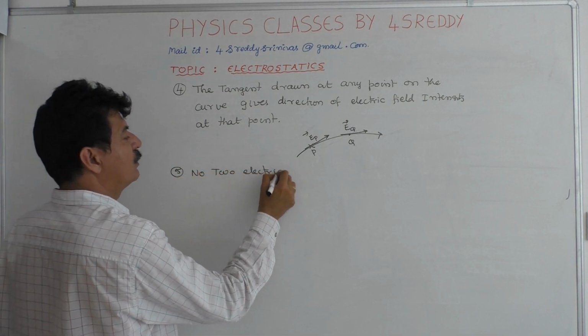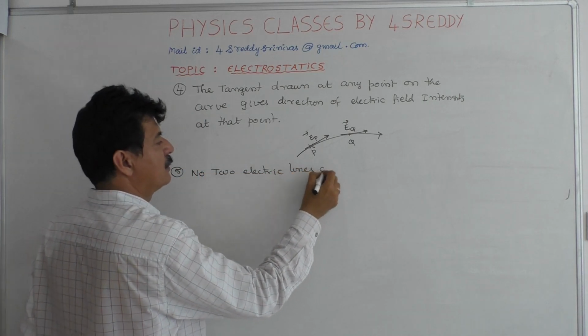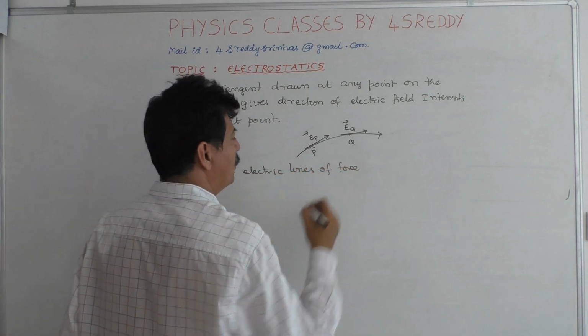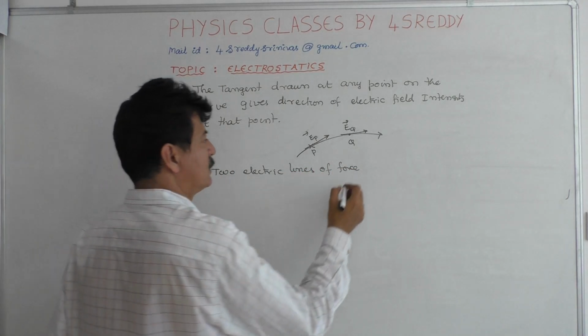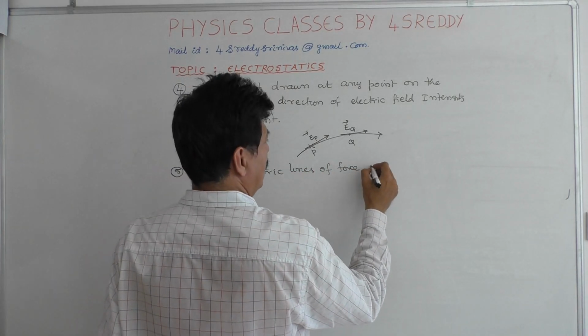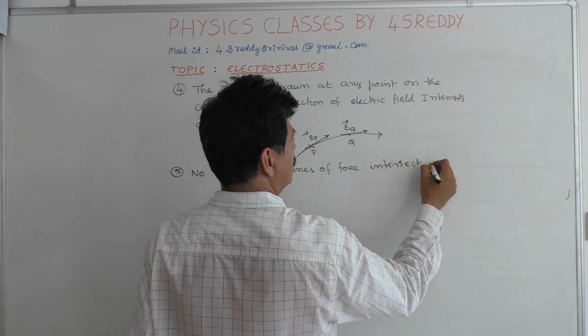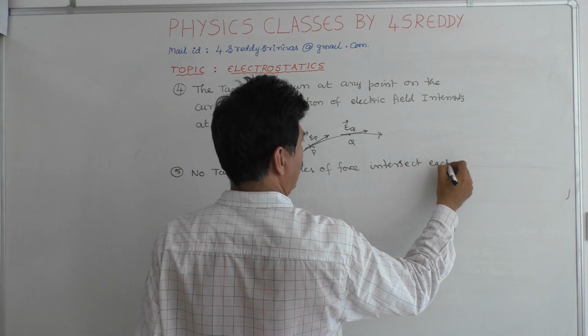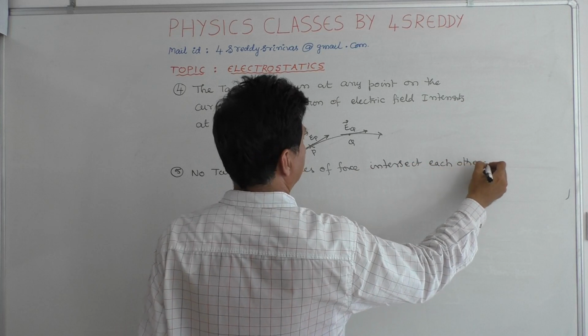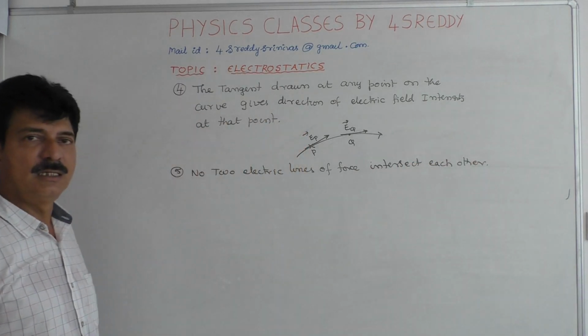Point number 5: no two electric lines of force intersect each other.